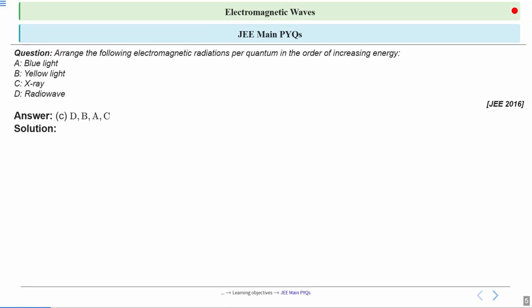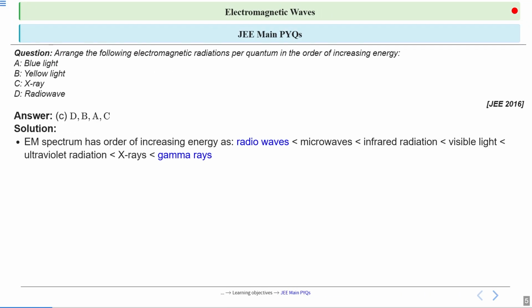Correct option is C, DBAC. Okay, so EM spectra, those who have solved are appreciated, and those who haven't solved yet can refer to the solution. So EM spectrum has order of increasing energy starting from radio waves. Gamma rays have maximum energy because frequency of gamma rays is maximum.